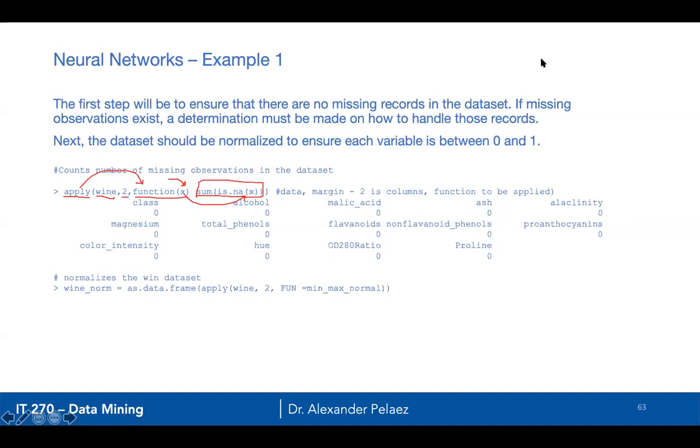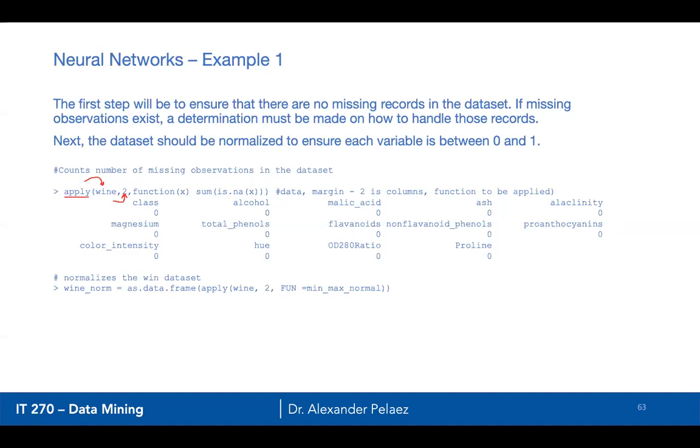So let me repeat that one more time. Apply, going in the reverse way, says you're going to run some function on this data set. We're going to use columns, okay? This parameter tells me that I'm going to use columns. A 2 would be for columns, a 1 would be for rows.